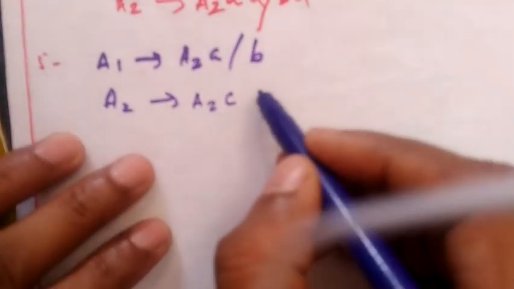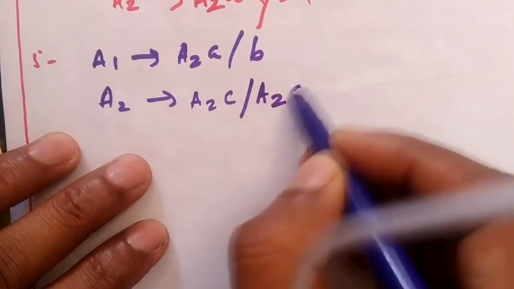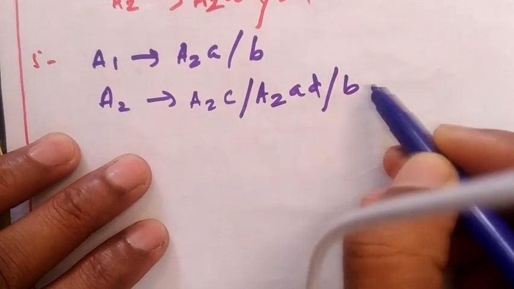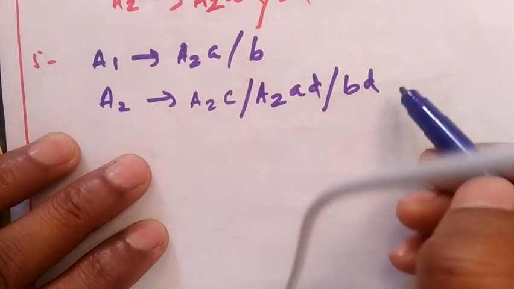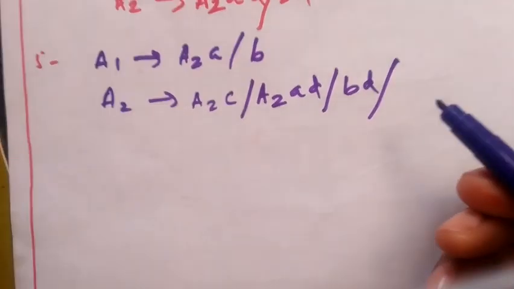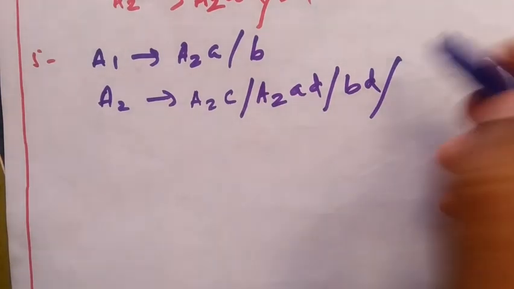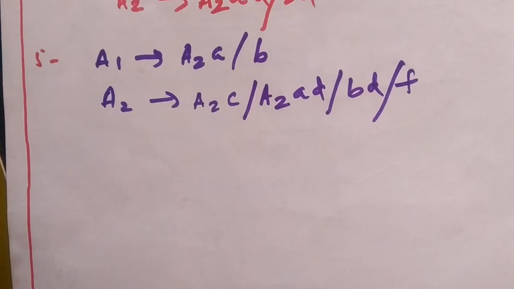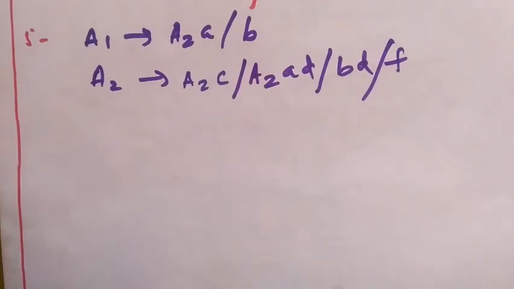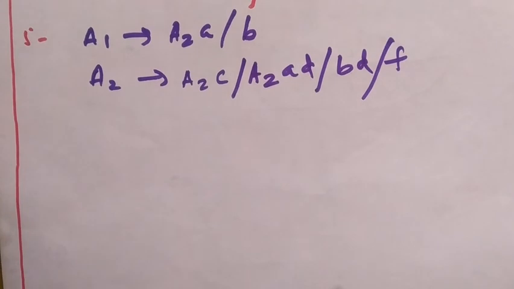A1D we replaced as A2AD, BD, and F. These are the productions after finishing the fourth step.